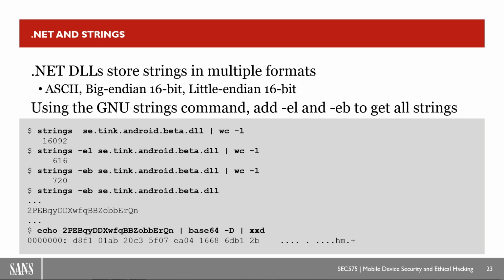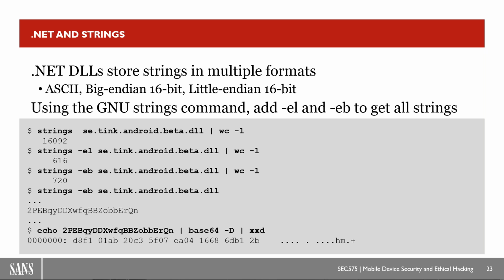But remember, because this is a .NET application, strings are not just going to be 7-bit ASCII strings. They're also going to be Unicode strings. What's more, they might be Unicode big endian strings or Unicode little endian strings, depending on the platform and how the application was actually built. Unfortunately, the strings command on a Mac doesn't have this feature.